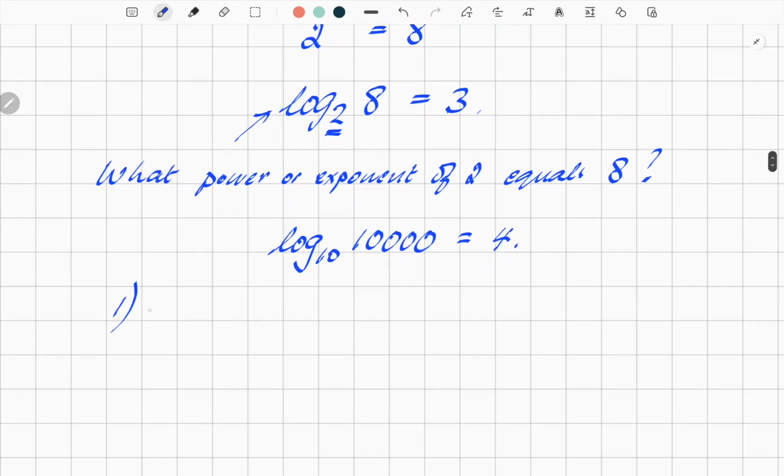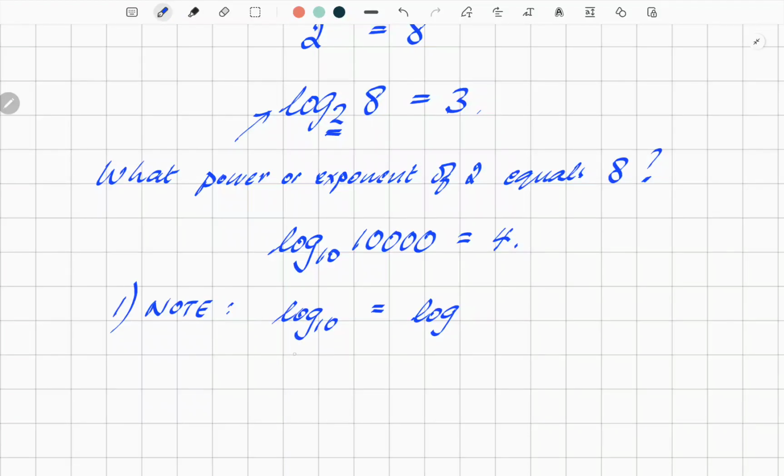One specific thing, note, log 10 is written simply as log, all right? So if there's no number after the log, you assume it's 10, okay? All right.